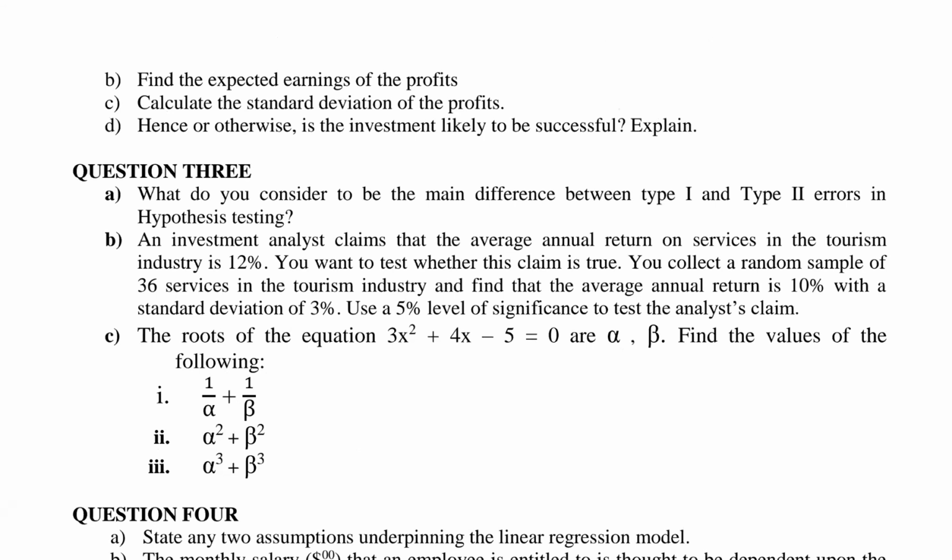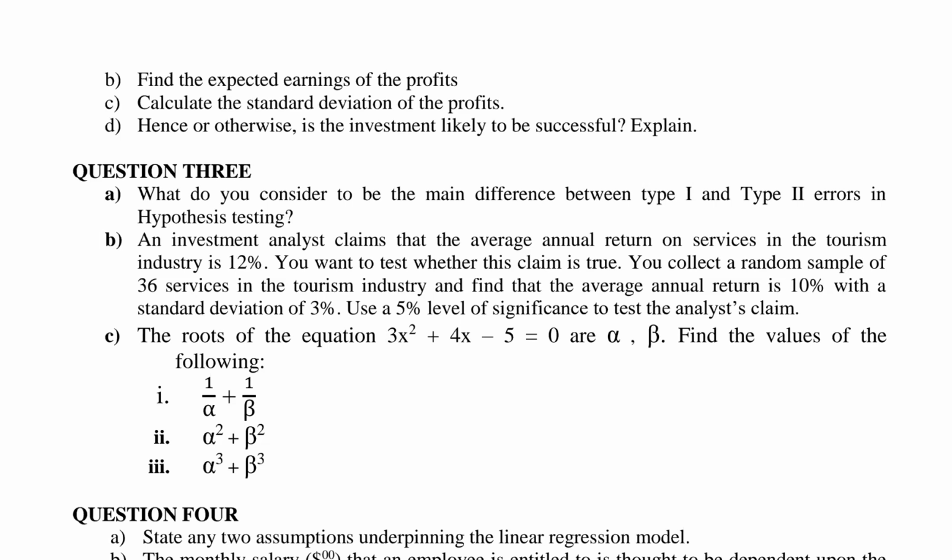You want to test whether the claim is true. You collect a random sample of 36 services in the tourism industry and find that the average annual return is 10%, with a standard deviation of 3%. Use a 5% level of significance to test the analyst claim.